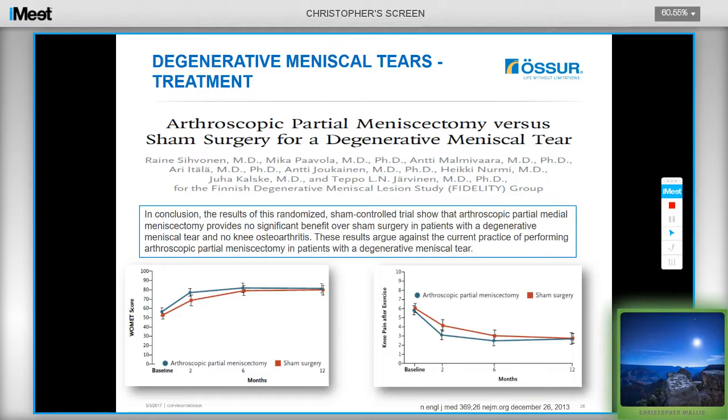And what they were able to establish was that the outcomes of those that had the actual procedure and those that had the sham surgery, after 12 months from a symptom perspective, were no better. But obviously those that had the partial meniscectomy now had removal of the meniscal material and are faced with the potential for a more rapid progression along that OA scale.